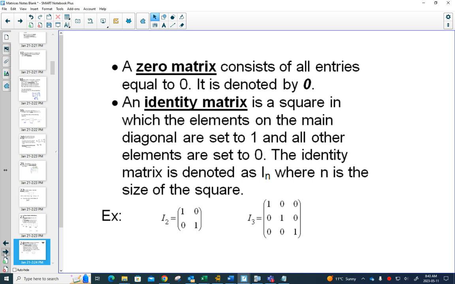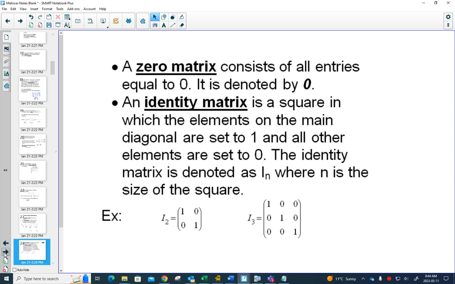And so when you multiply by something that doesn't change what it does, it's called the identity. So there is an identity matrix, and we're going to find out with multiplication that when you multiply by this matrix, it doesn't change your answer. But what it looks like is 1s along the main diagonal and 0s everywhere else.